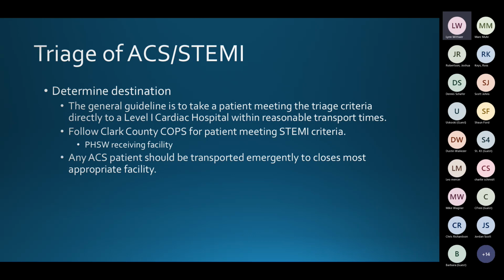Now, any ACS patient should be transported emergently to the closest, most appropriate facility. And so they go in code 3. That way the physician will see the patient urgently on arrival.